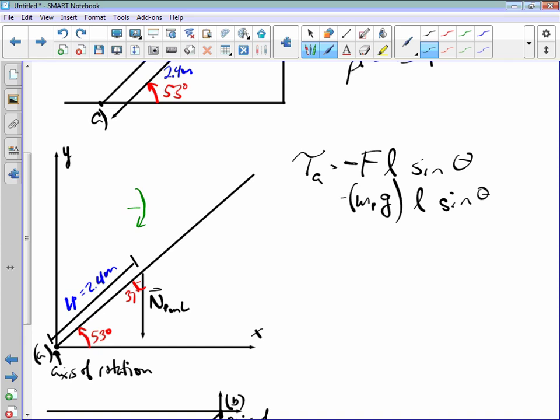The mass of the painter, 75 kilograms. He is on Earth with a gravitational field force of 9.8 newtons for every kilogram. To get the newtons, a length of 2.4 meters.